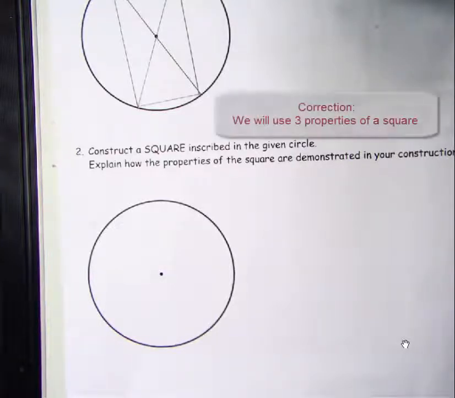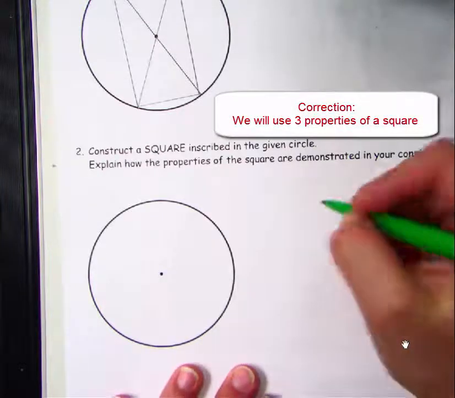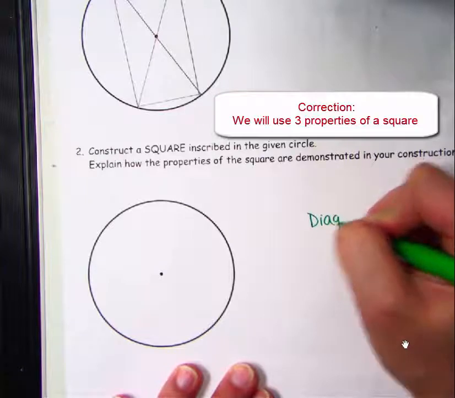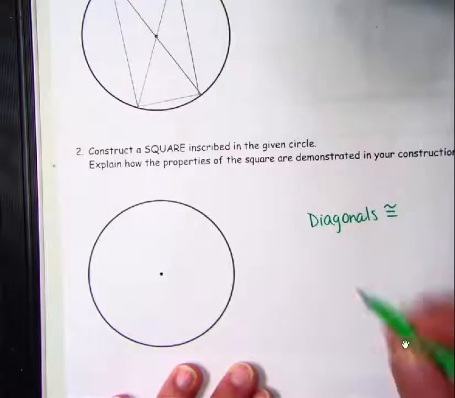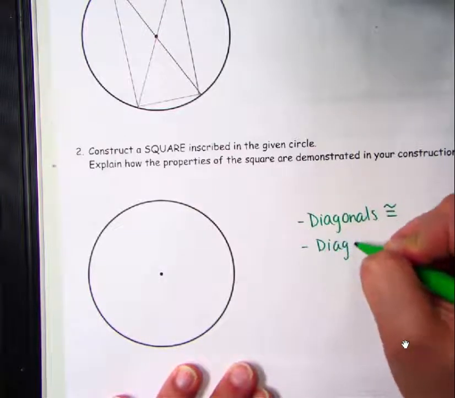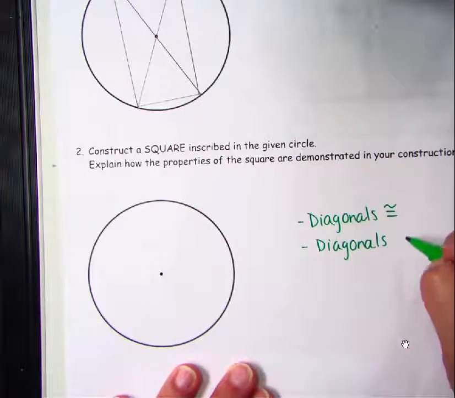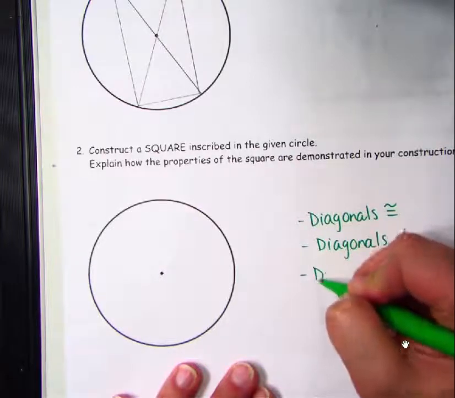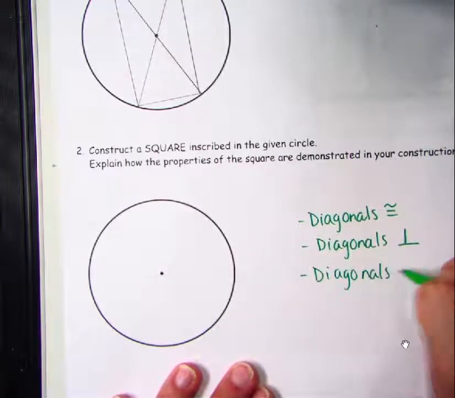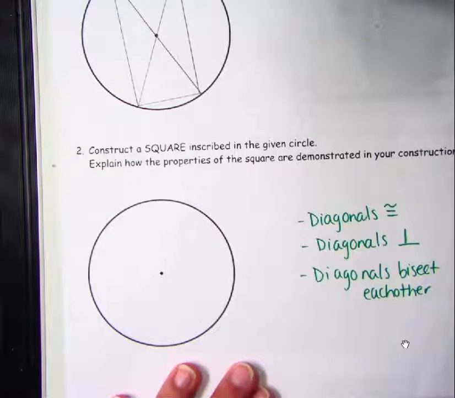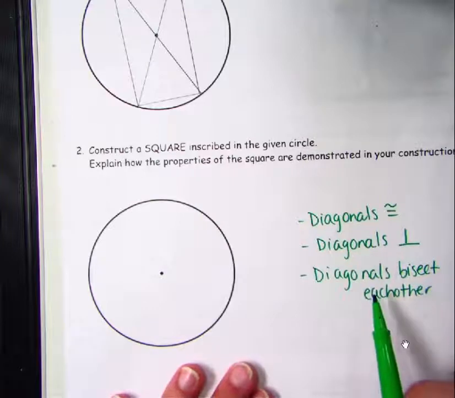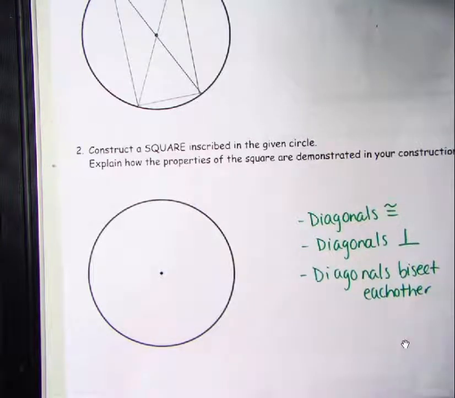The two properties that we're going to use to construct the square are diagonals congruent, which comes from a rectangle, and diagonals perpendicular, which comes from the rhombus, and lastly, diagonals bisect each other, which comes from the parallelogram. So a square is a rectangle, a rhombus, and a parallelogram. So we're going to show all three of these in our construction.